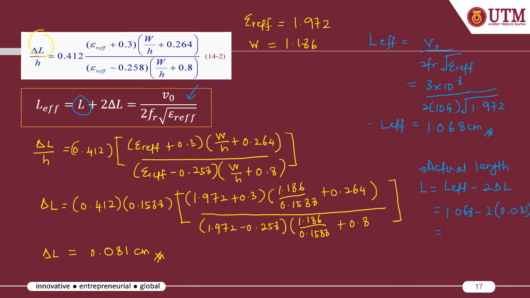So the actual length is 0.906 cm. This is the length of your antenna, and you can use the CST simulation to verify this. Insert the length, the thickness and the properties of the substrate and simulate, to see whether you can get the antenna resonant at 10 GHz.